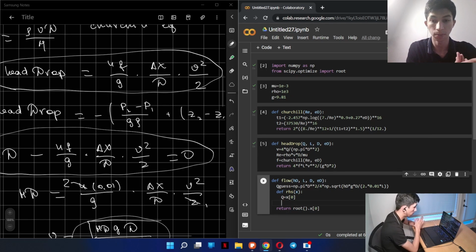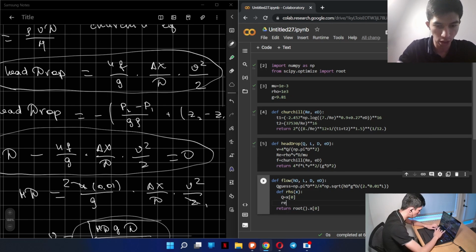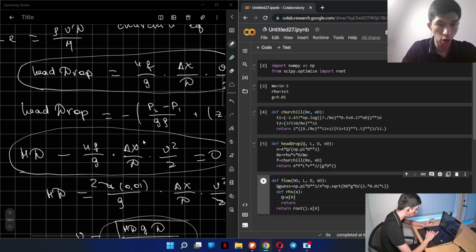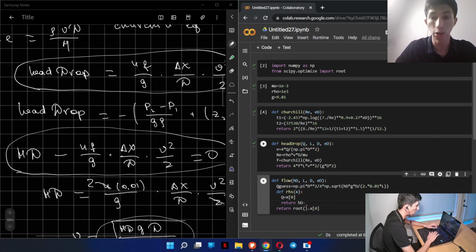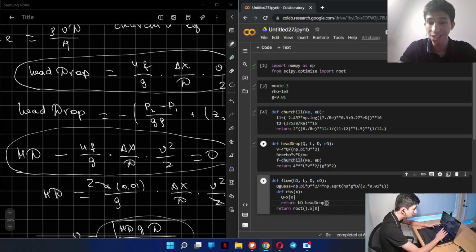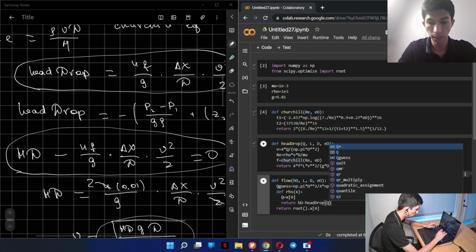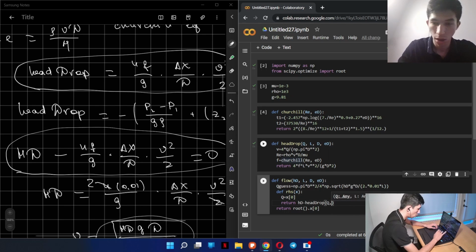Okay, and it should return us this equation. So from the given head drop, we need to subtract the calculated head drop, right? We already have the function to calculate the head drop, so we don't need to write it down again.